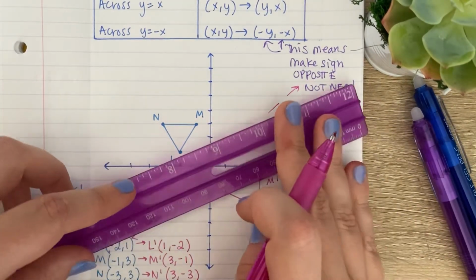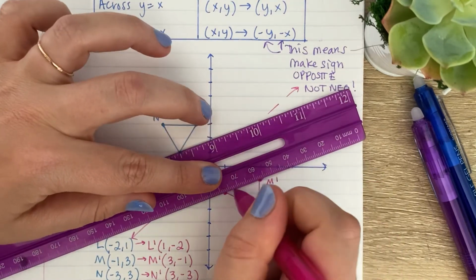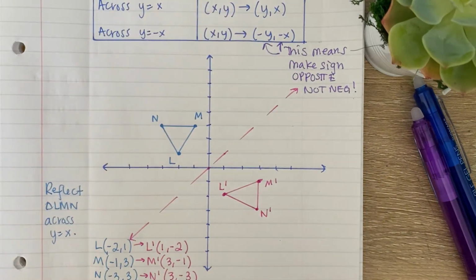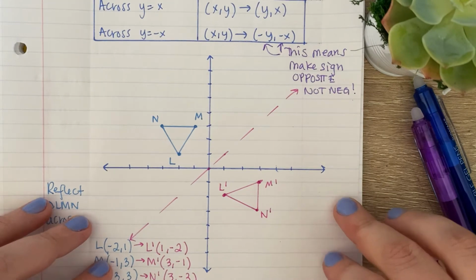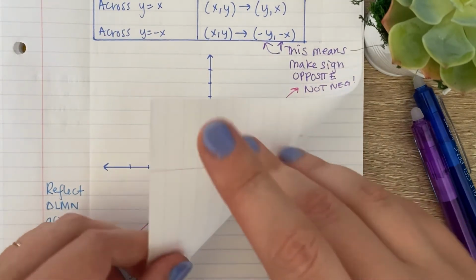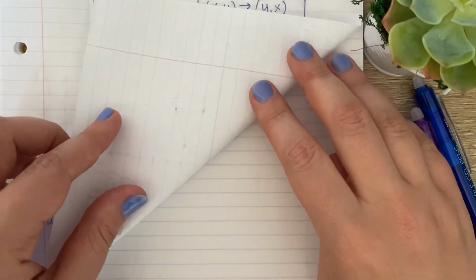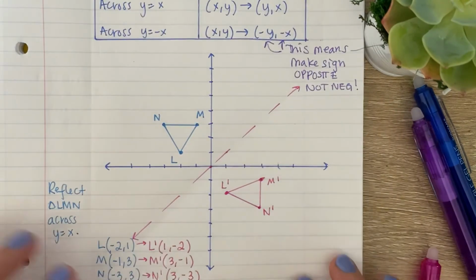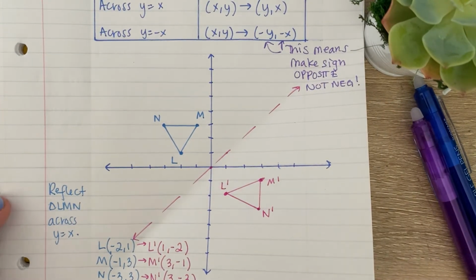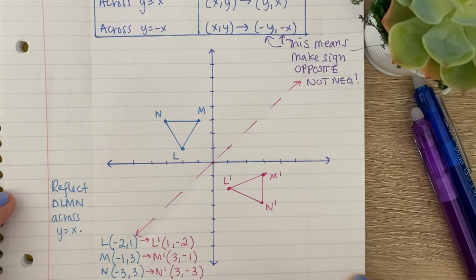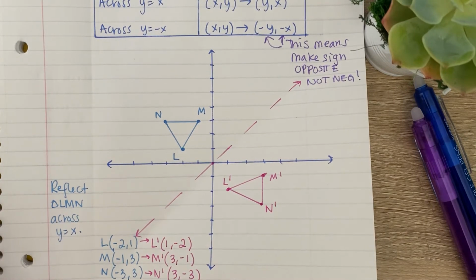Okay, and there I have my reflected image. If I were to fold my paper across my line of reflection, I would have a mirror image of the figure that I drew, triangle LMN.